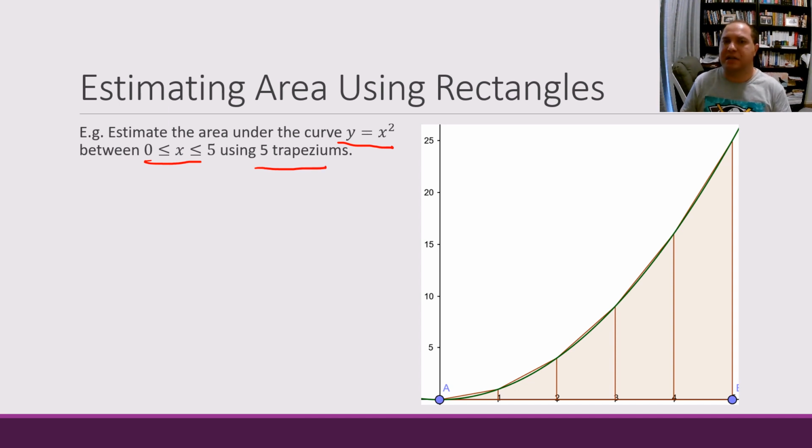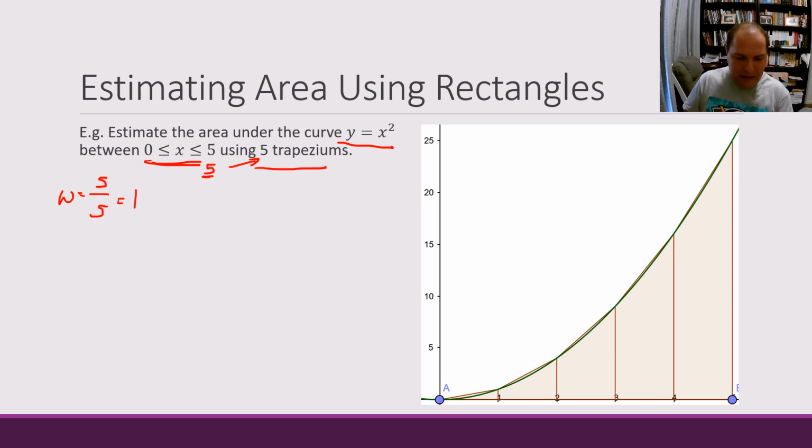A good place to start is to work out how wide my trapeziums are going to be, because once we've found the width, we can then work out what x values we need to find the height of each of those trapeziums. So, our interval from 0 to 5 is a width of just 5. And that width of 5, we're splitting into 5 trapeziums, so my width is going to be 5 over 5, or 1 unit.